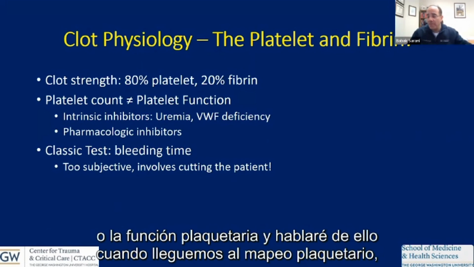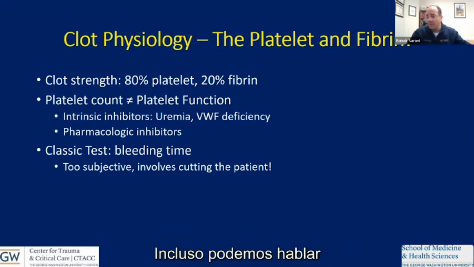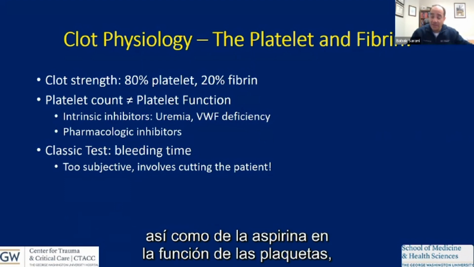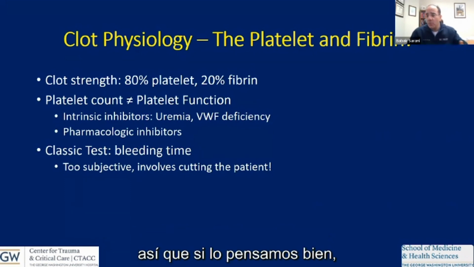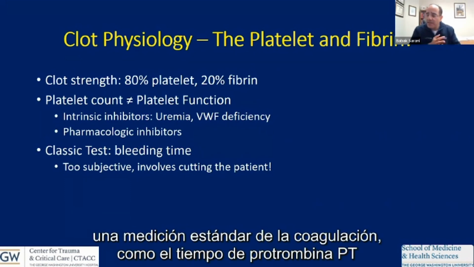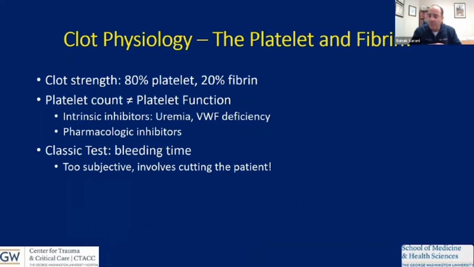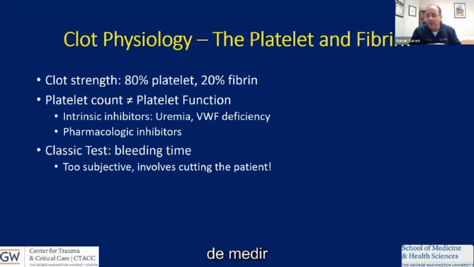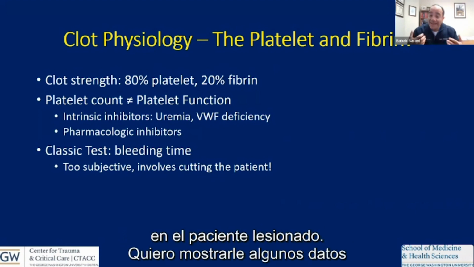And as we'll talk about when we get to platelet mapping, we can even talk about the impact of inhibitors like clopidogrel or other ADP pathway inhibitors, as well as aspirin, on the function of the platelet itself. So really, a standard coagulation measure, a PT-PTT, or a platelet count in and of itself is an insufficient way of measuring clotting ability in the injured patient.